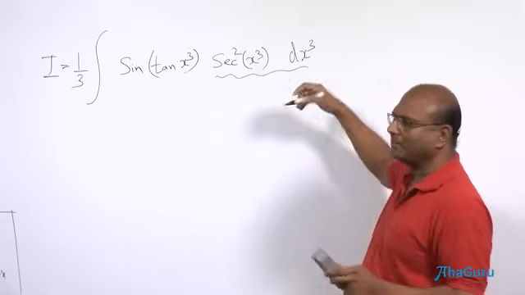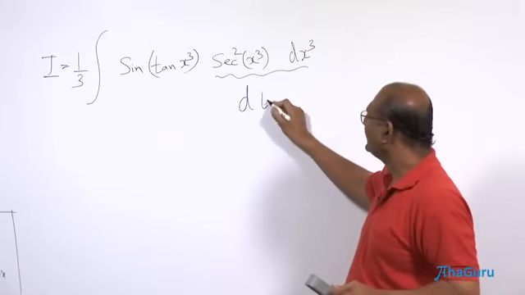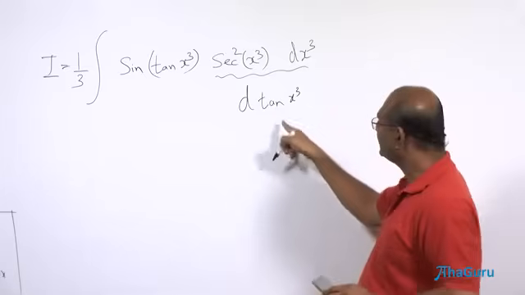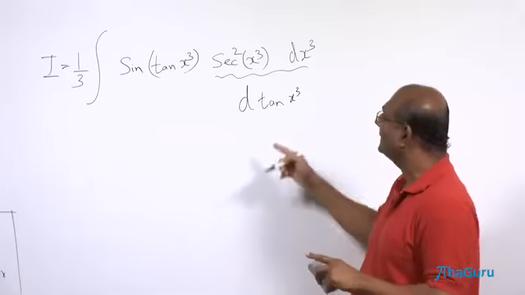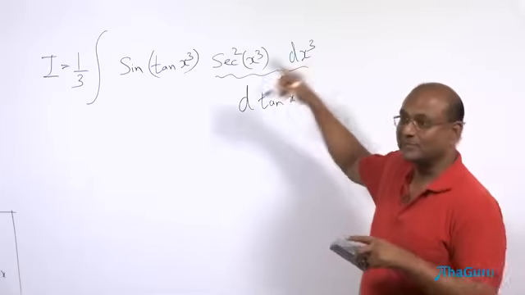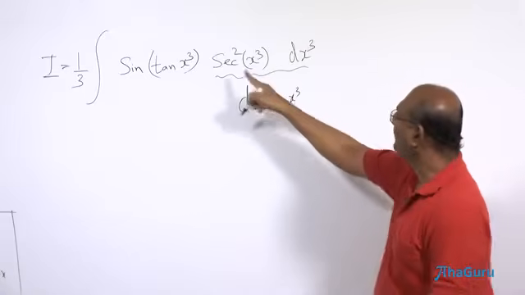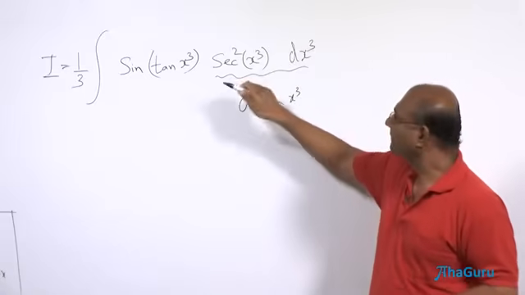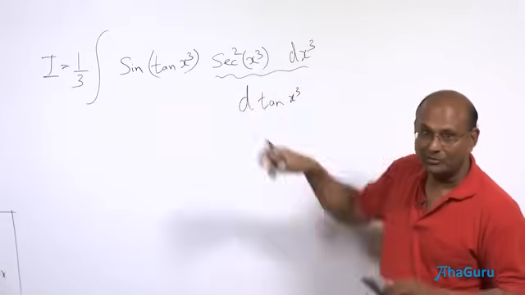Secant square blob d blob is d tan blob. Let's quickly check. What is this? D tan x cube is secant square x cube dx cube. Yes, you are sure? Okay, now I am going to push this inside the d, and what will it become? D tan x cube.